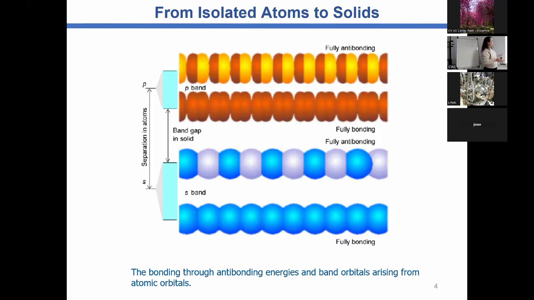But what I want to say, when we have this discrete distribution with overlap of molecular orbitals, we will have an energy gap between the S state and the P state.